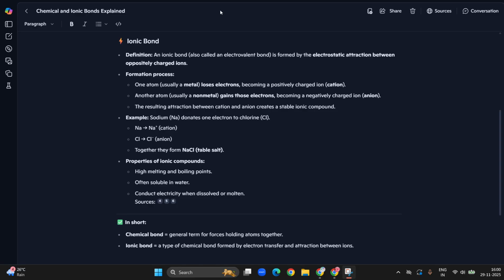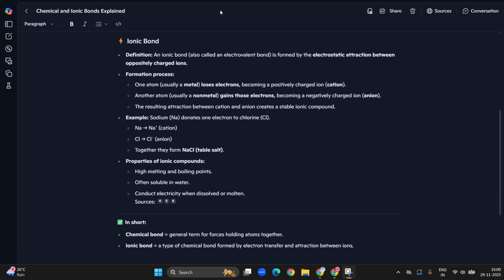So here you see sodium, that is a metal, needs to lose one electron to gain stability, and chlorine, that is a non-metal, needs to gain one electron to create stability.